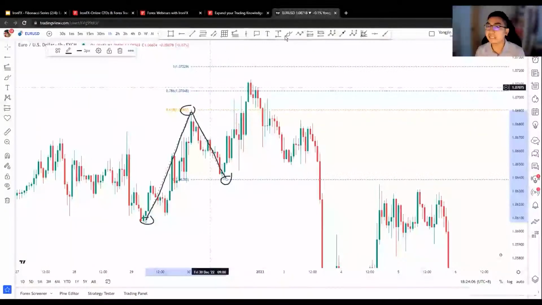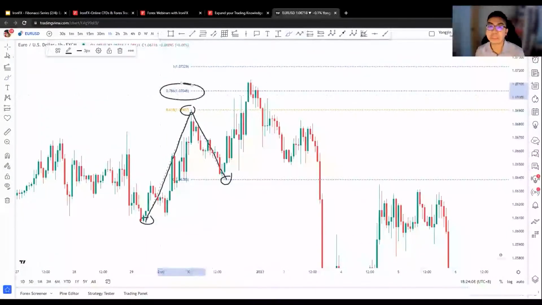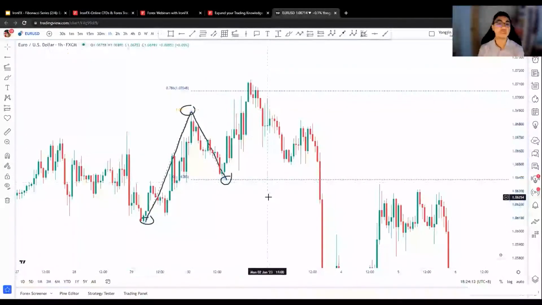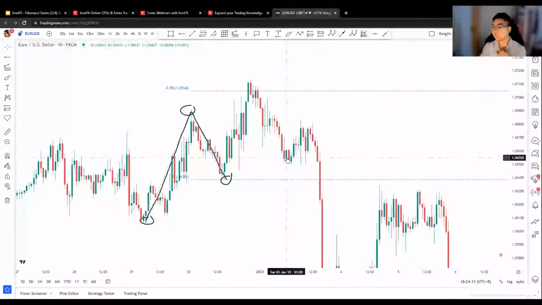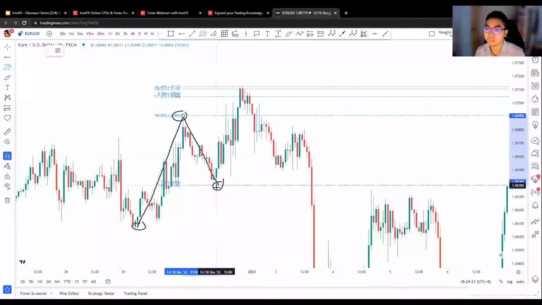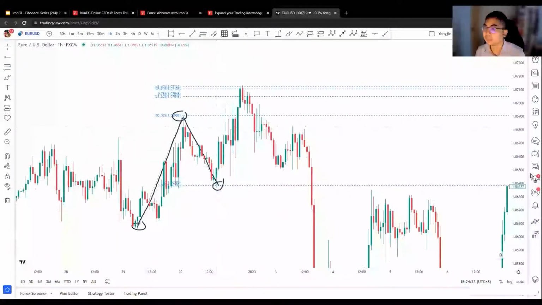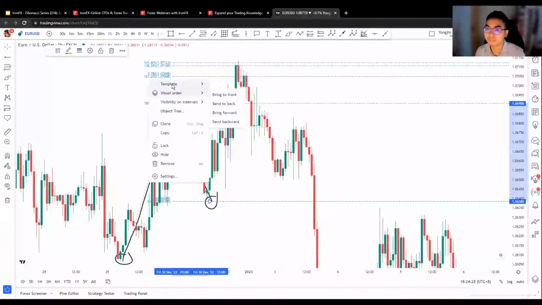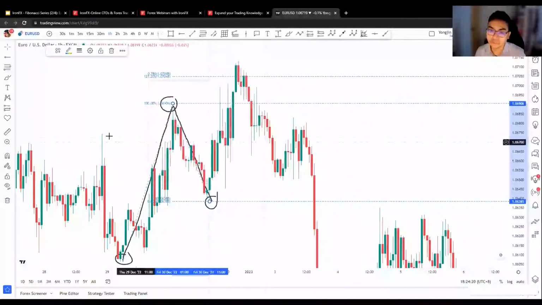We are looking at the 78.6% Fibonacci line, so I'll just draw that area out. Next, you can draw a Fibonacci retracement line from the top to the bottom. You notice the 78.6%, I'll just highlight it out for you guys.